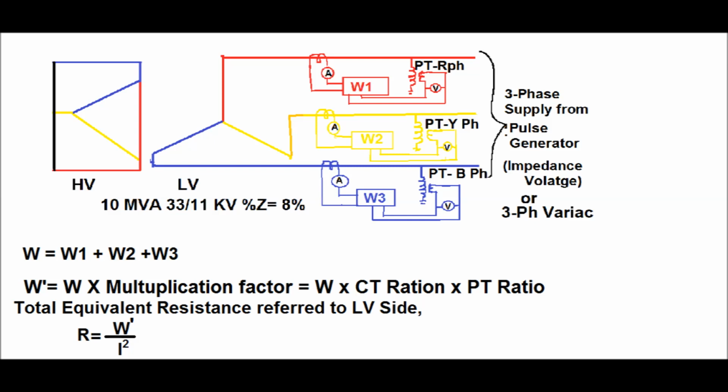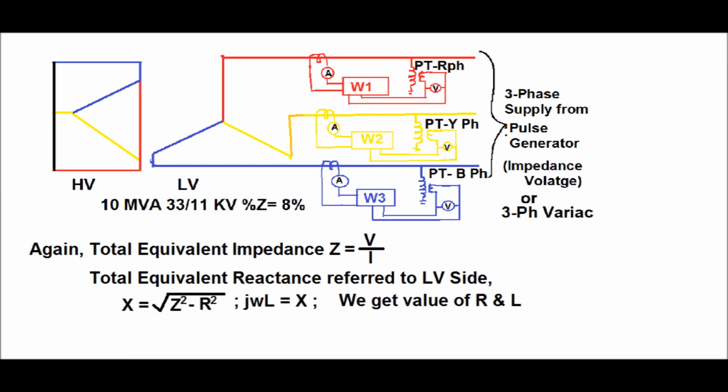As the I square R loss is W dash, the total equivalent resistance referred to the LV side is given by R equals W dash by I square. Now the total equivalent impedance referred to the LV side is Z equals V supply by I. The supply voltage is known, and I is the rated current on the LV side, so the value of Z is also known.